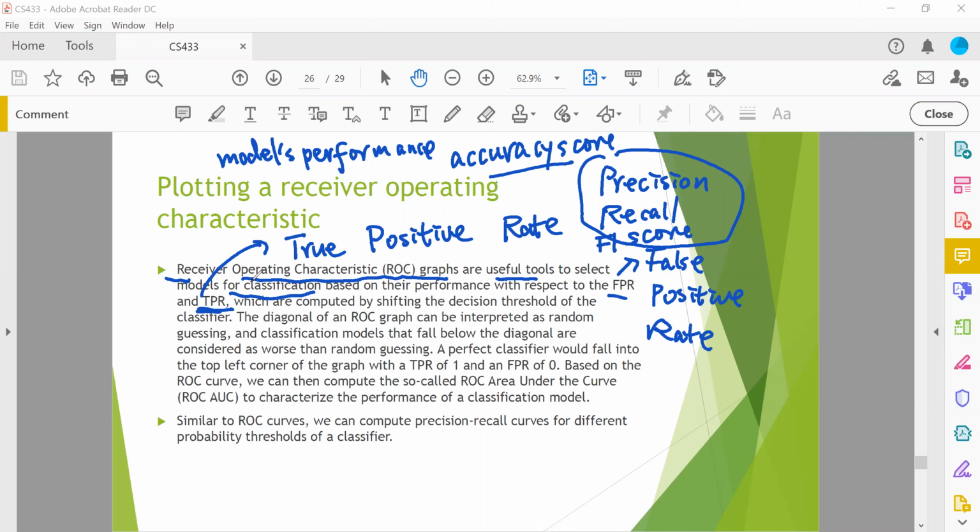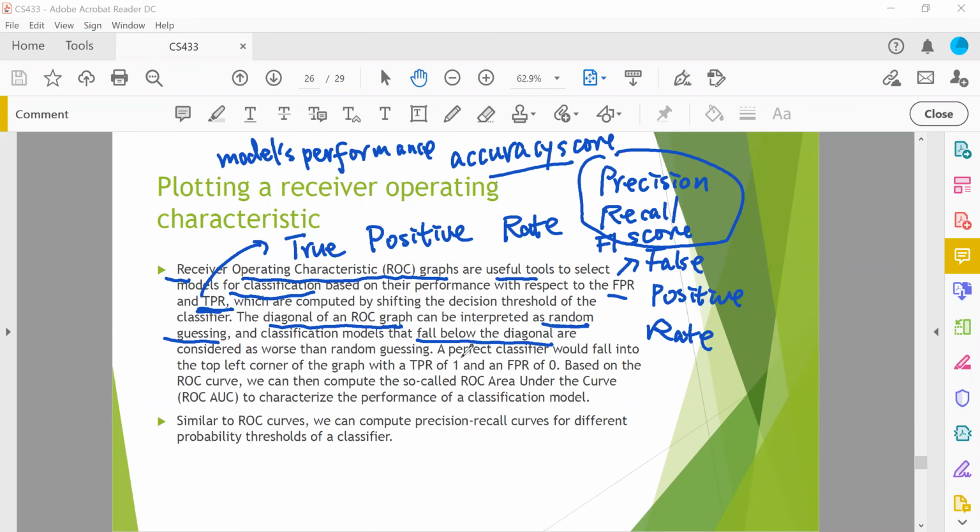Later on we will see the diagonal one in that graph, which is basically just random guessing. If your model falls below the diagonal, that's not a good one, because that's even worse than random guessing.